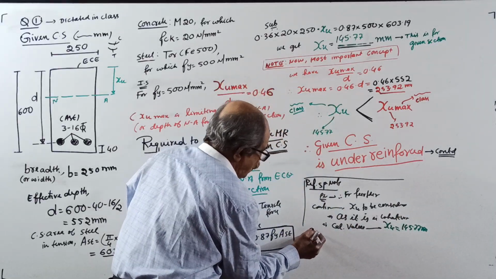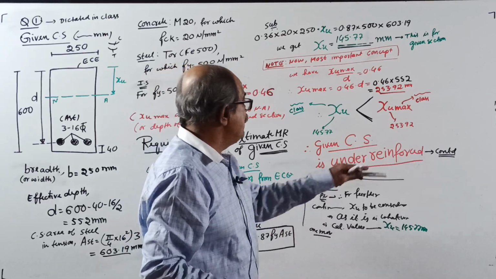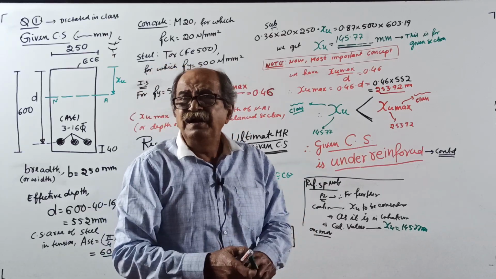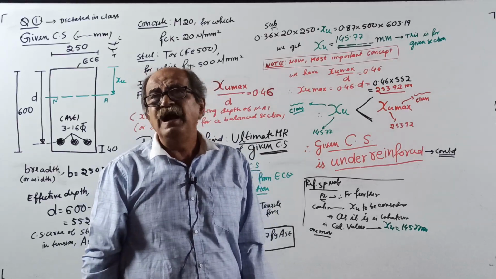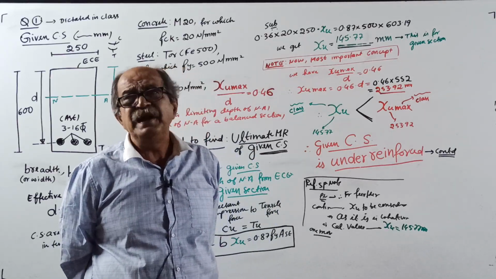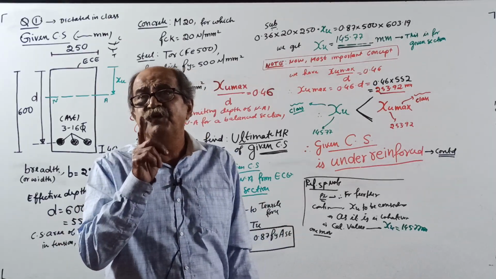Also, one more note. The cross section came under reinforced. For an under reinforced section, you can find the ultimate MR, MU, either by CU into A or by TU into A. Any one will do, but not for over reinforced.